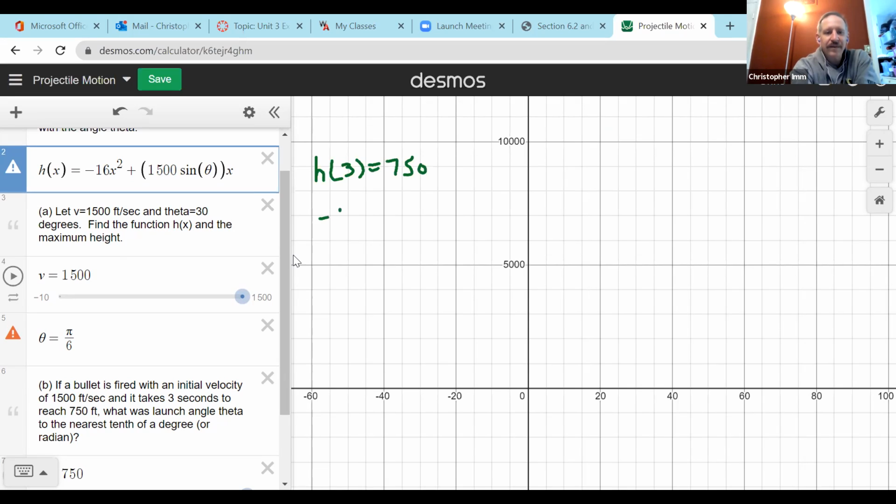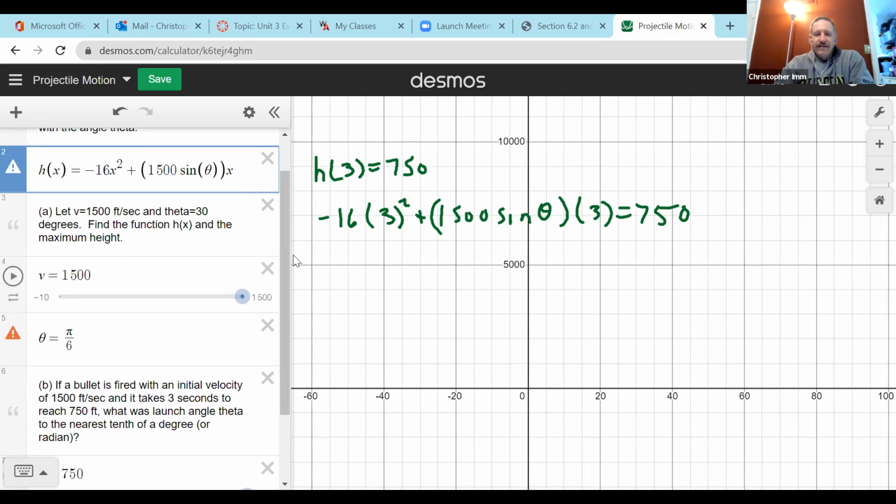And I can plug in 3 wherever I see x. And I know that that's going to equal 750, right? So I plugged in 3 for the time, and I know that at that point, it's going to be 750.